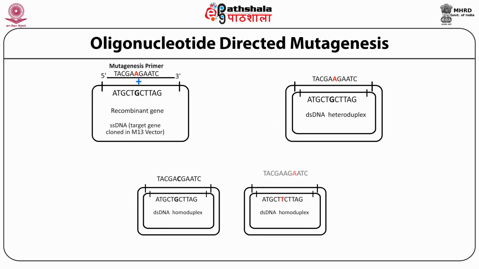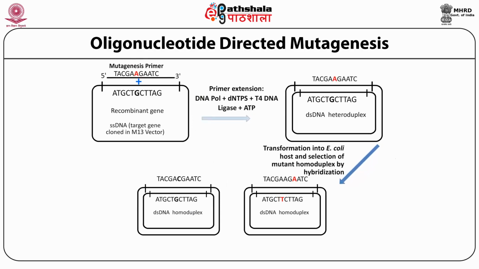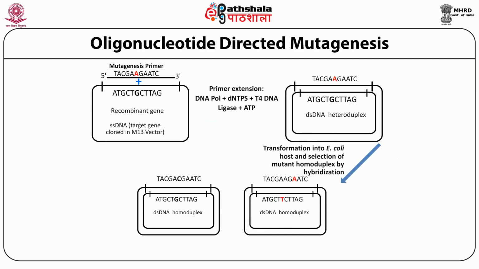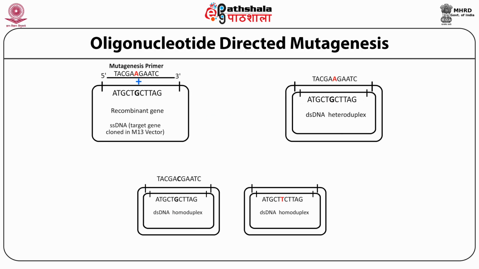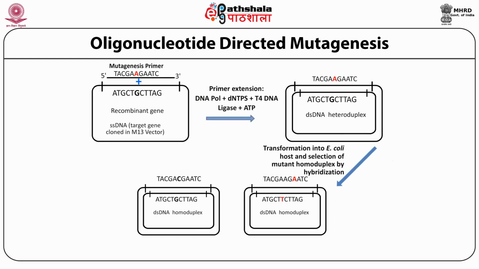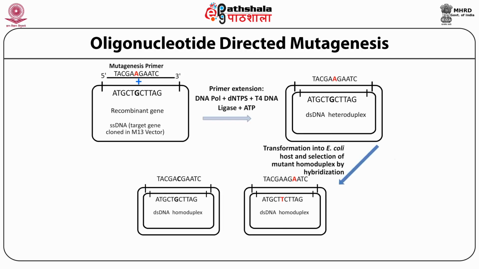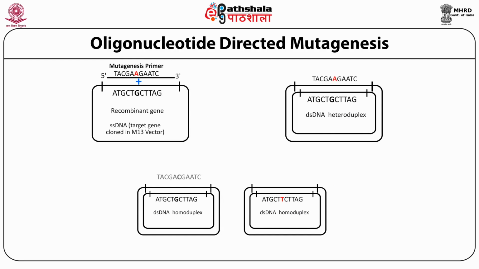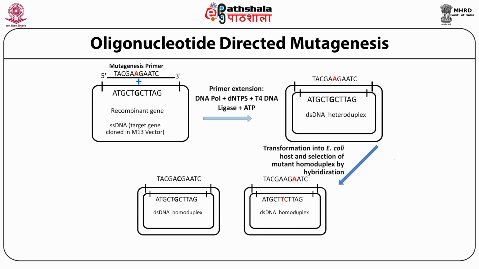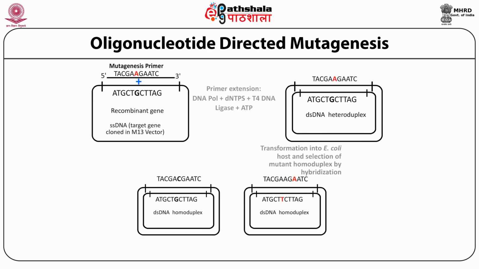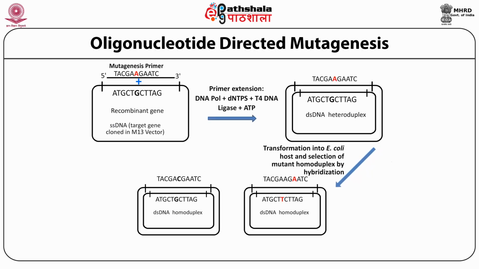Now this mix can be transformed into an E. coli host, and the E. coli host is going to multiply these heteroduplexes further into homoduplexes, and the original homoduplexes can be screened off those colonies by hybridization screening methods. Once the heteroduplex which was synthesized in a test tube has been transformed into E. coli, the further multiplication by E. coli takes care of converting the heteroduplexes into both types of DNA strands.